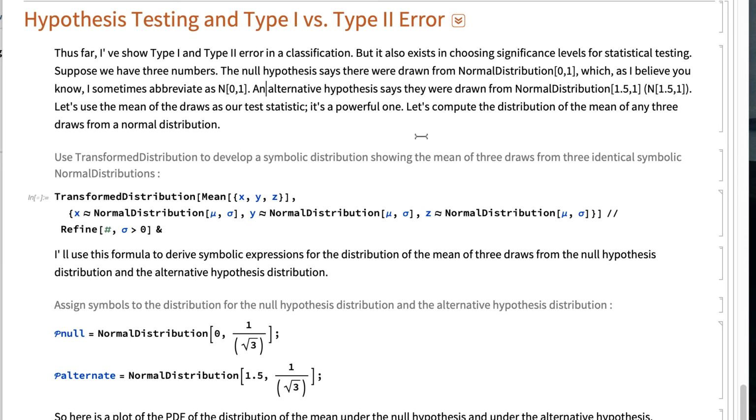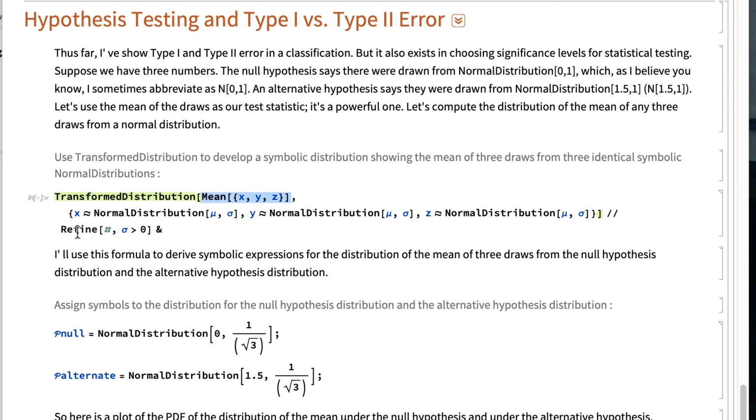And let's compute the distribution of the mean of any 3 draws from a normal distribution. So we're going to do this here. Here's one normal distribution x with a mean of mu and a standard deviation of sigma. Here's another identical normal distribution y. Here's another identical normal distribution z. And let's compute the mean of x, y, and z.